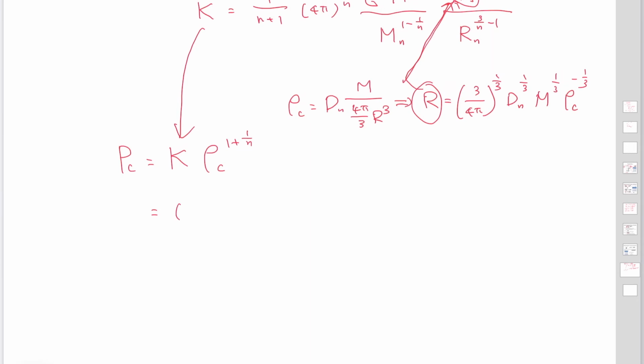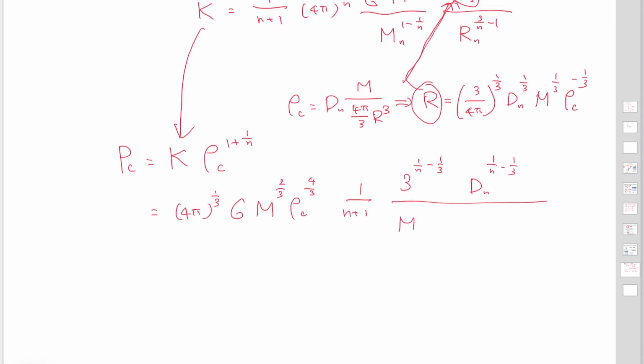Then it becomes 4 pi to the 1 over 3, G M to the 2 over 3, rho sub c to the 1 over n plus 1 over 3, D sub n to the 1 over n minus 1 over 3 over M sub n to the 1 minus 1 over n, R sub n to the 3 over n minus 1.